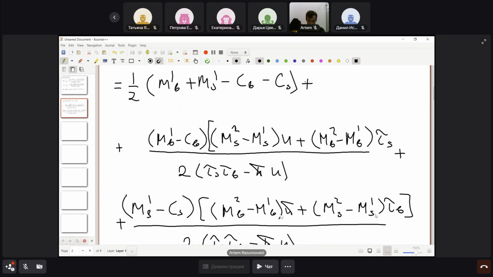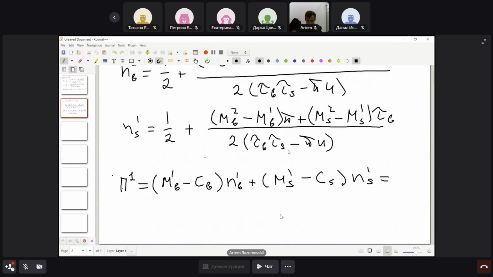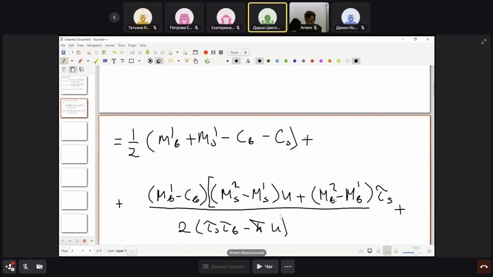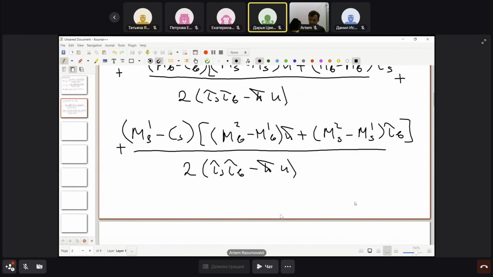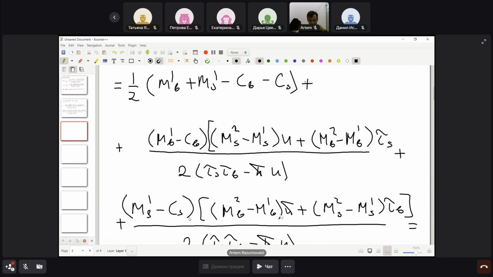Can someone check? I think so. Okay, then, does someone see some simple way to simplify it?